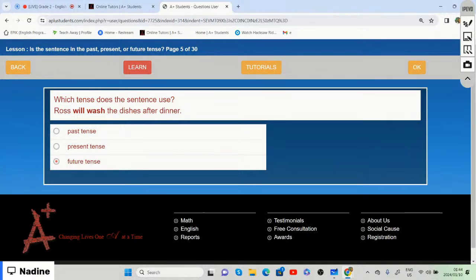So Ross will wash the dishes after dinner, and that is in the future tense. The word will gives us the idea that it is the future tense, meaning it is going to still happen.